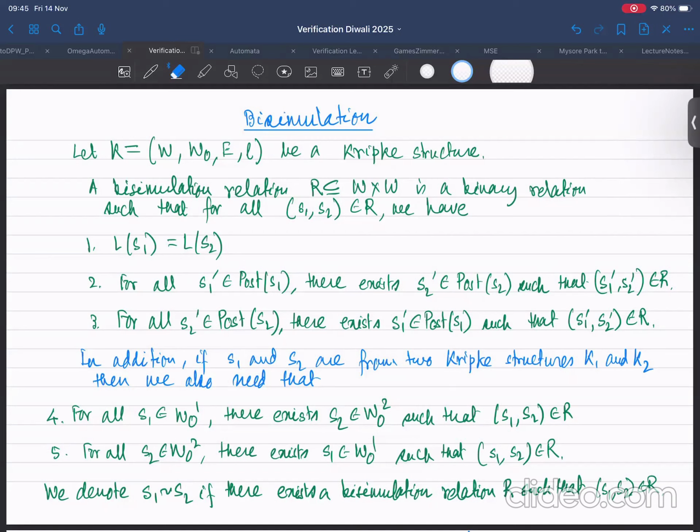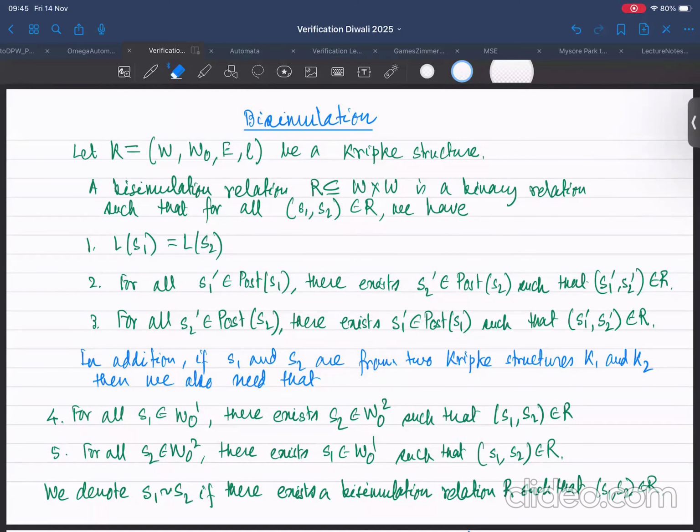Bisimulation is a concept proposed, I think in the early 80s, by somebody called Park, and then it was popularized in computer science by Robin Milner. Robin Milner was another Turing laureate who did pioneering work in functional programming languages, and also in process calculus: how different processes which are concurrently executing behave, and there is an algebra among such processes.